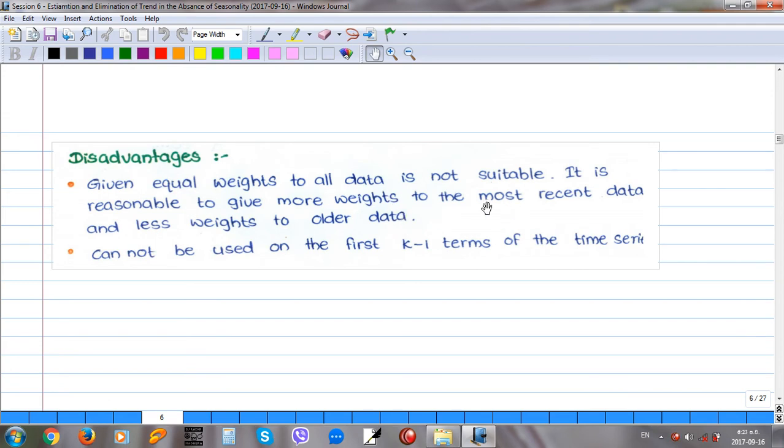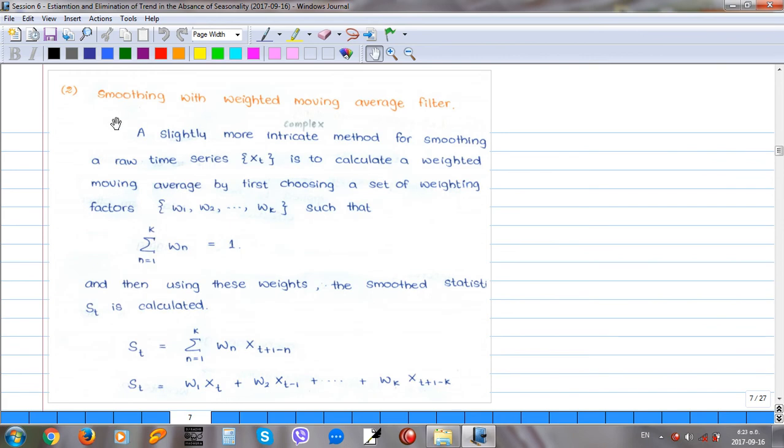Also, equal weights are given, but we should give more weight to the recent data. To overcome this problem we can use the weighted moving average filter. The second way is smoothing with the weighted moving average filter.